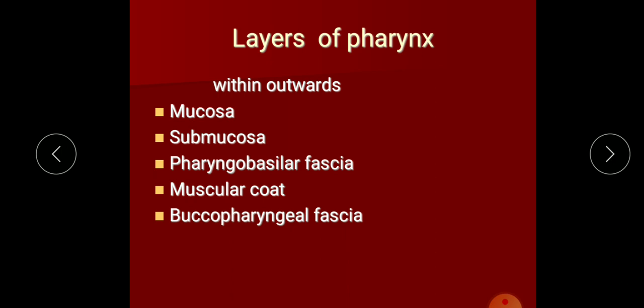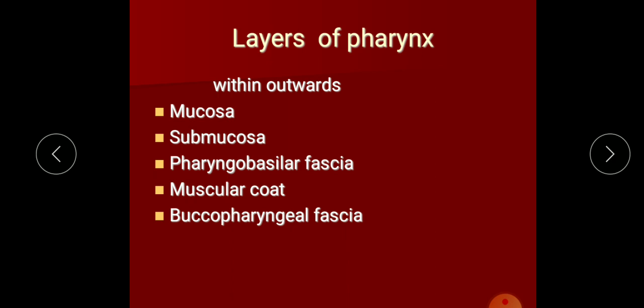So mucosa, submucosa, the Pharyngobasilar fascia, and outer to that you find the muscle coat coming. There is something very peculiar to the muscle coat. The muscle coat here is arranged as inner longitudinal and outer circular. The outer circular is what is termed as outer constrictors. Okay. So the muscle coat is arranged as inner longitudinal and outer constrictors, and still outer to the muscle coat you find the last covering of the pharynx, that fascia, and that is what is termed as the buccopharyngeal fascia.